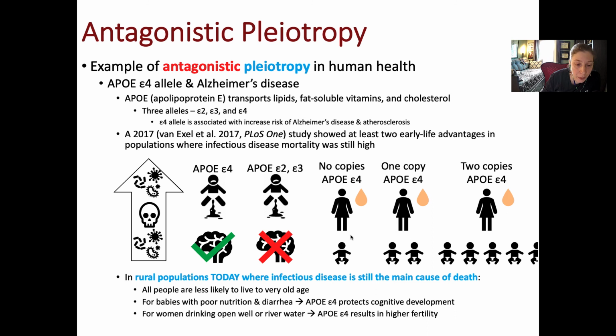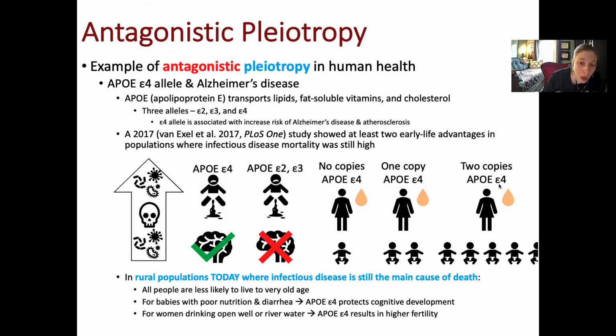Another example of this is in women and fertility. In women who are drinking open well or river water, water sources that are generally contaminated with parasites, one copy of epsilon 4 gives you an advantage. It allows you to have more children. On average, women with one copy of epsilon 4 have twice as many children as someone with no copy.